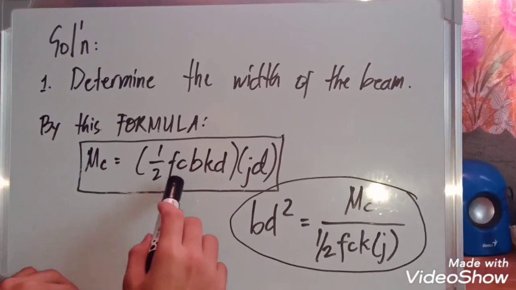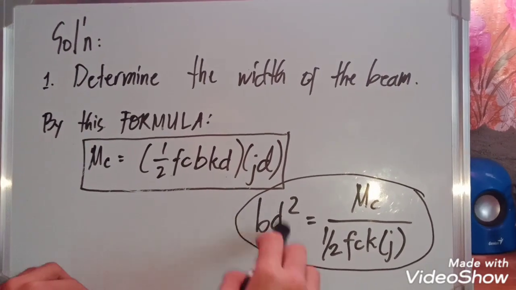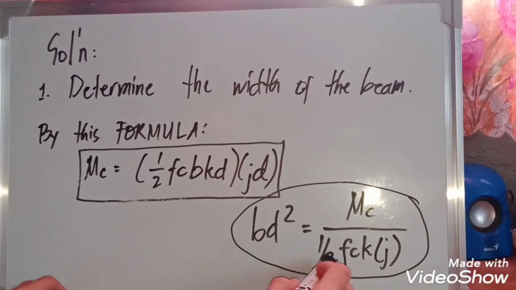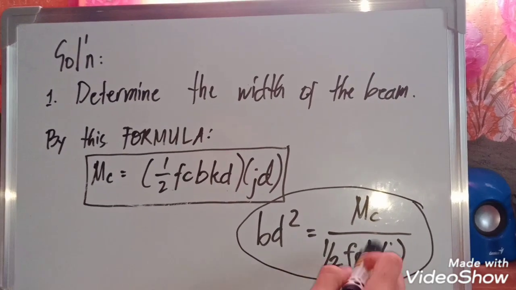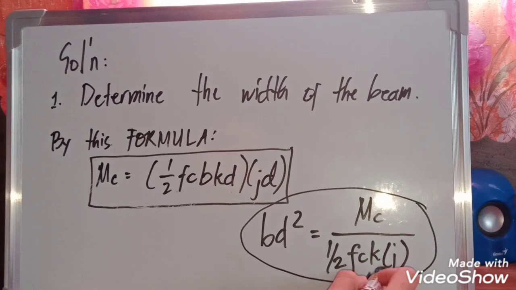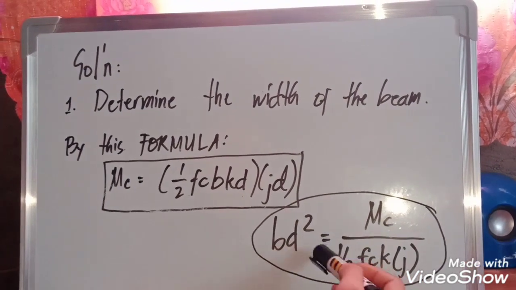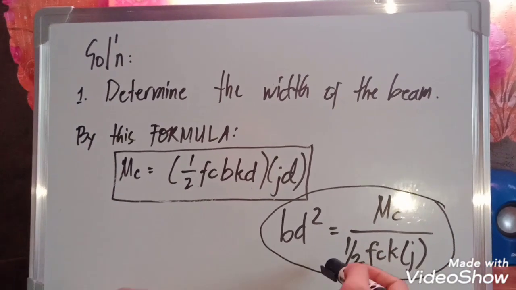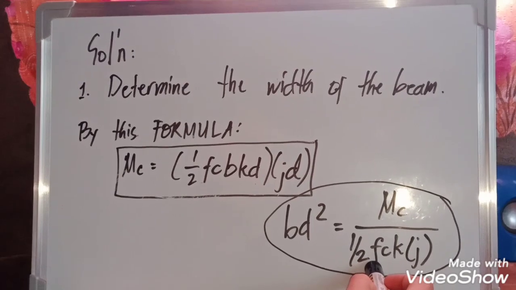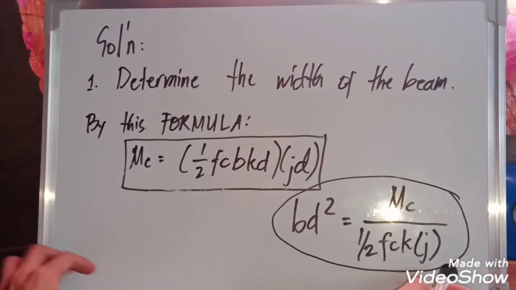In this formula, we are able to derive bd squared equal to M over 1/2 times fc times k times j. In our problem, M is given, d squared was assumed as 1.5 times b, and fc is also given. However, this k and j are unknown.